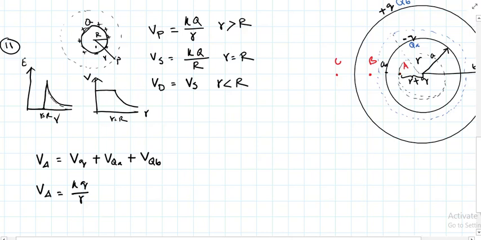It would be the same as at the surface QA. So I can write minus K, small q, that is minus the charge on the surface QA, divided by a, right? Because this is the radius of that point.